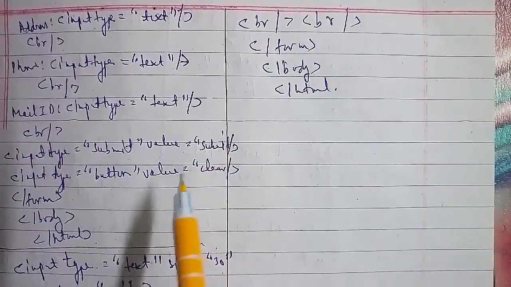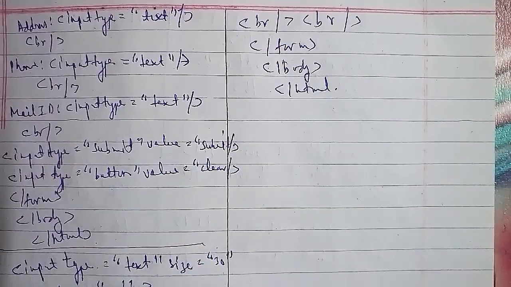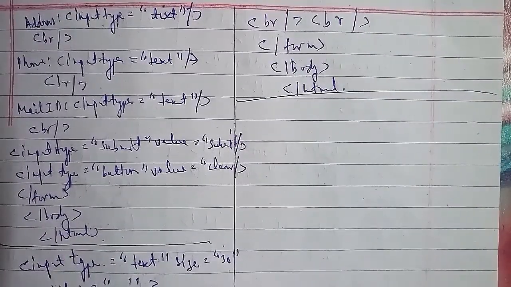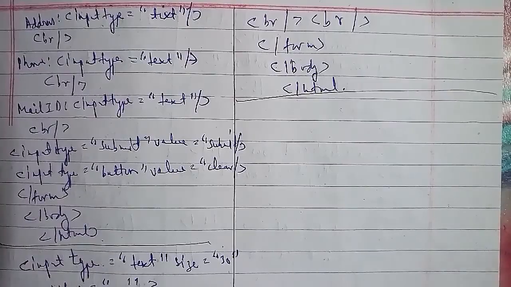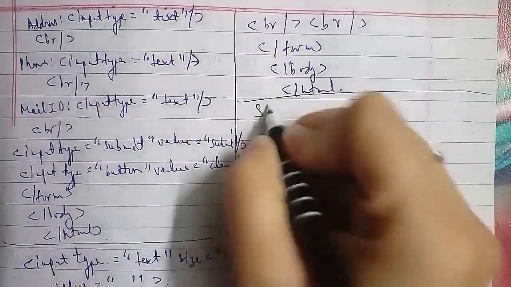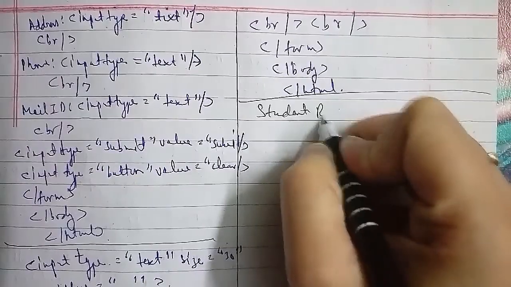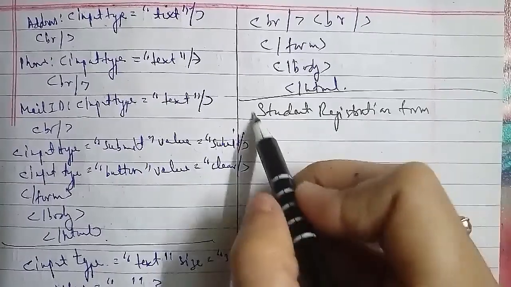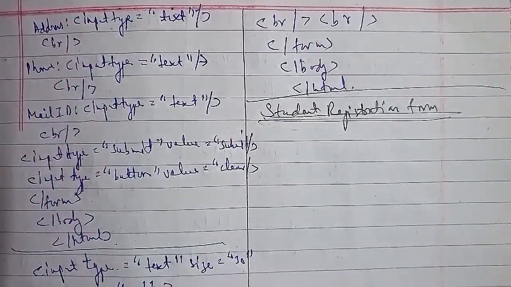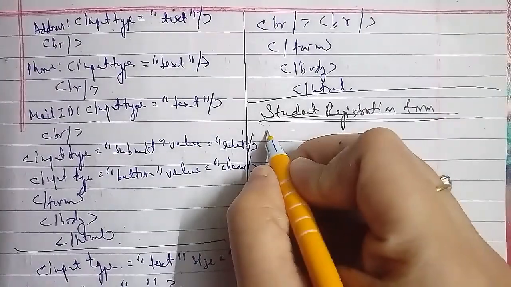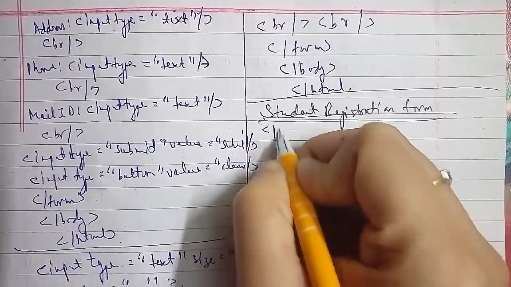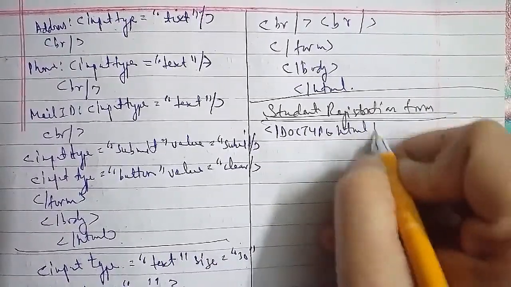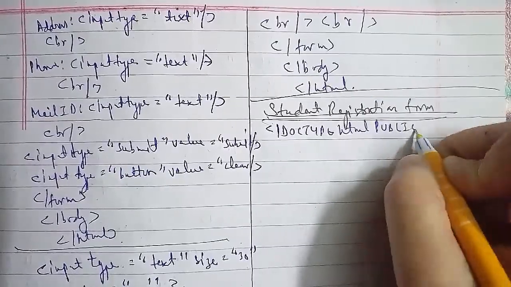Now for the HTML xmlns equals to http://www.w3.org/1999/xhtml. Then after that we'll start with the head, title. The title is my form, title close, head close.